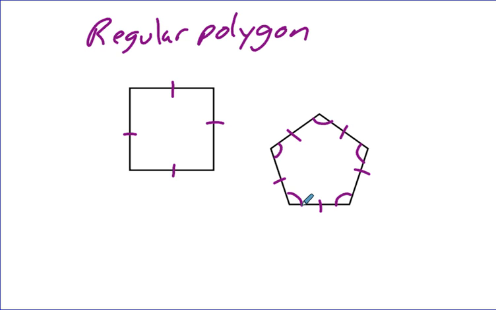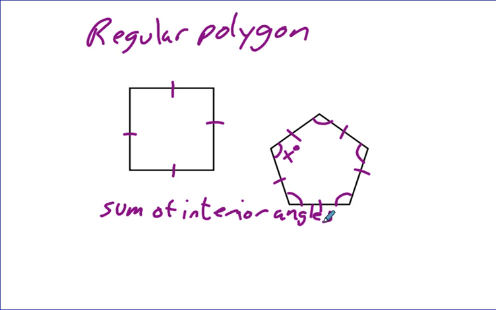We can still use the n minus 2 times 180 to get our sum, or our total, for the interior angles. But now, if we wanted to know what is the measure of just one of those angles, then we would take the sum of your angles that we could find using n minus 2 times 180 and divide that by n, or the number of sides.